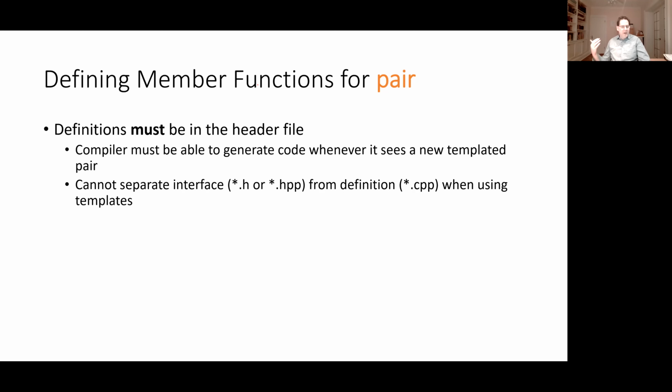If it sees you want a pair of double and string, it says, okay, I better make another version. So you put all the code for templated classes in the header file, both the function declarations and the function bodies. That would be considered bad practice for normal classes unless the functions are really short, but it's what you have to do for templates because of the way the compiler works, okay?